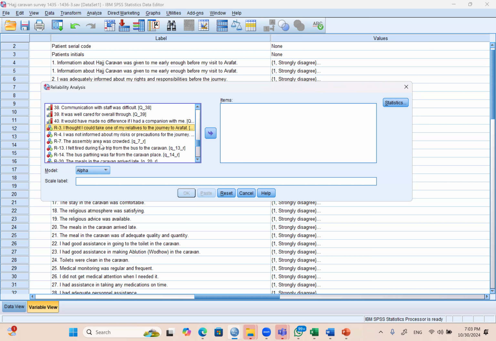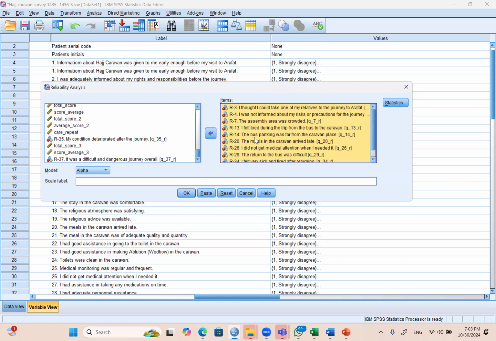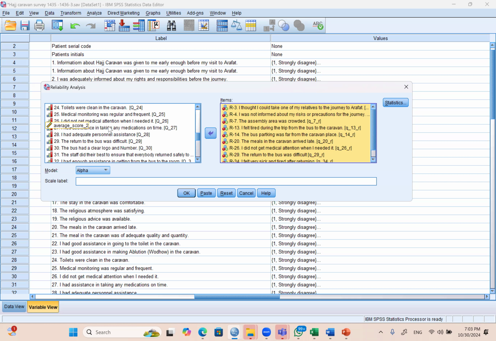So we have these reversed questions: 3, 4, 7, 13, 14, 20, 26. Too many numbers. I'm going to put them here first, and perhaps leave them out from the main questions.